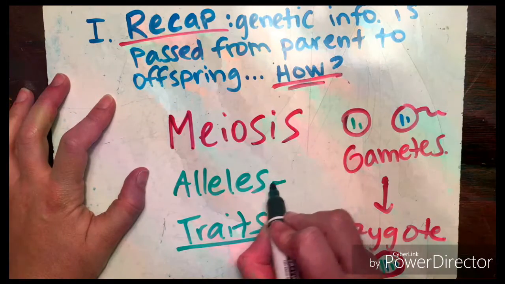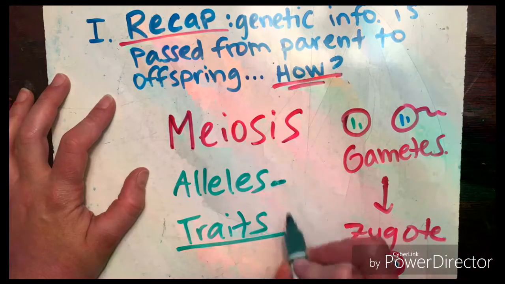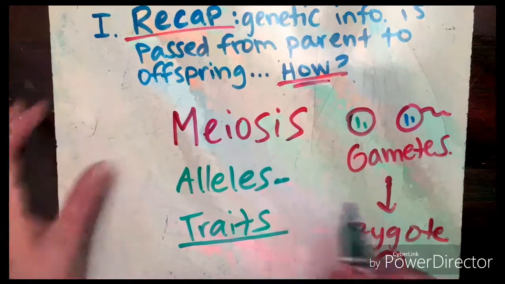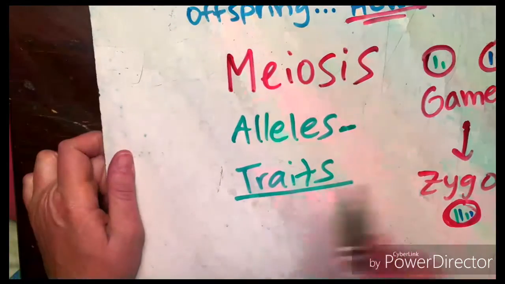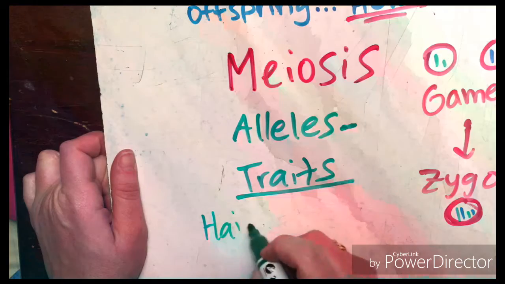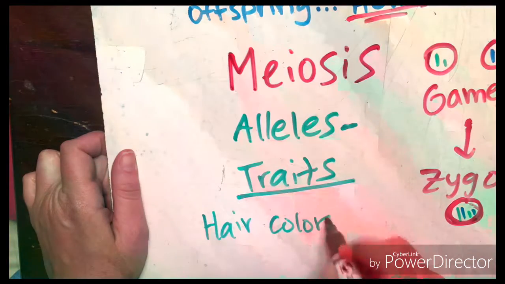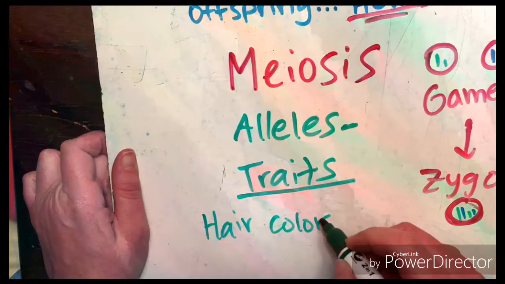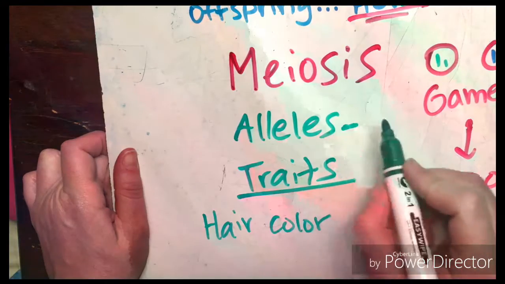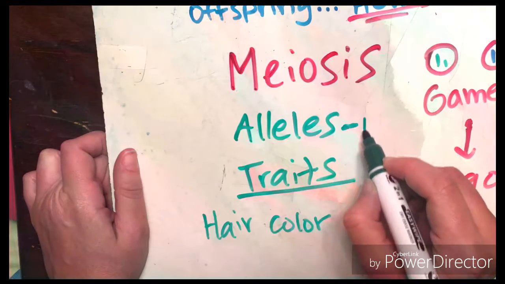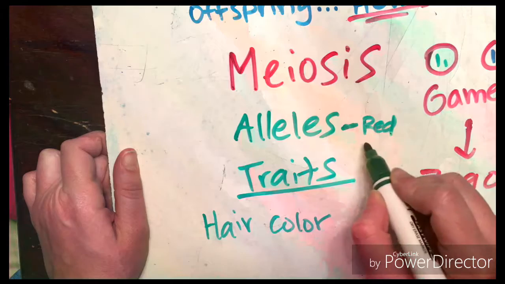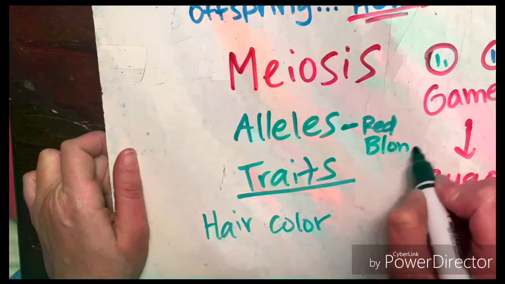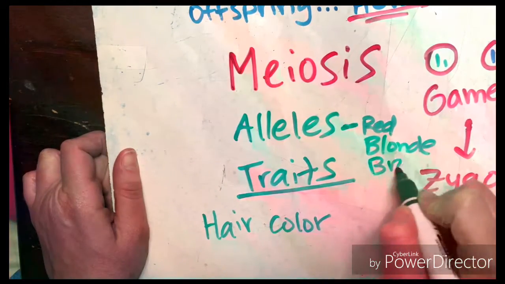So there can be multiple types of alleles for one specific trait. Take, for example, hair color. That would be the trait, whereas the different alleles would be maybe red, blonde, or brown.